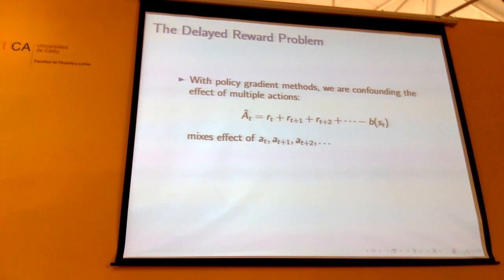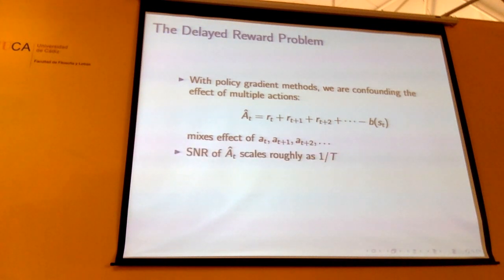So let's say action t plus 1 was really good, and that caused this sum of rewards to be really high. Well then, since we're computing this as the advantage for time t, we're going to think the action at time t was really good. But there's no reason to think that it was. Since we're mixing together all these effects, we're losing information, and that's unavoidable.